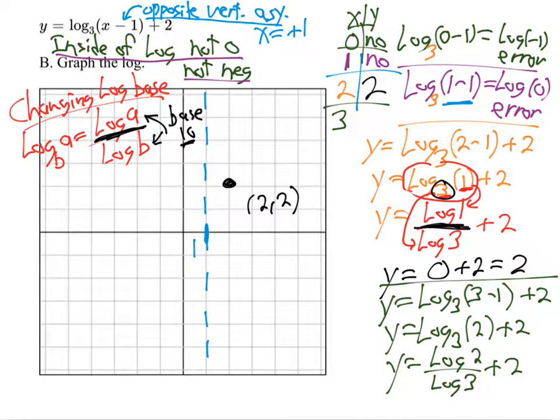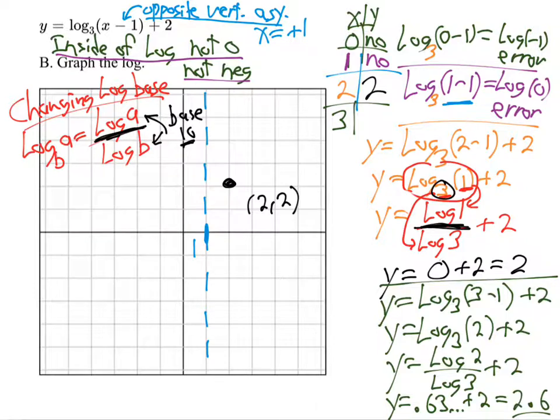Then if you hit the buttons on your calculator, we're going to get some decimal that's not a clean whole number. I'm getting 0.63, it goes on and on, plus 2, and I'll just round it to 2.6.